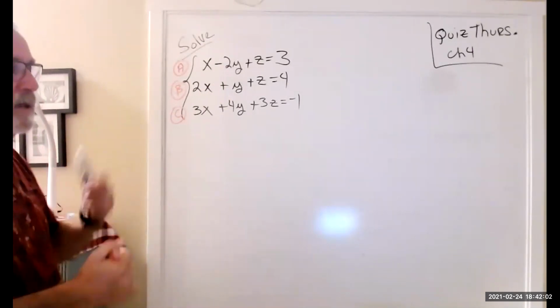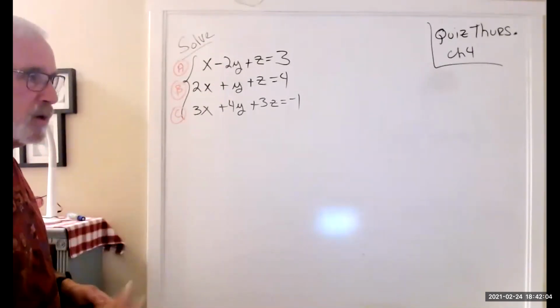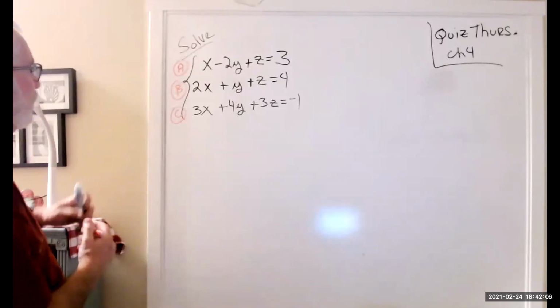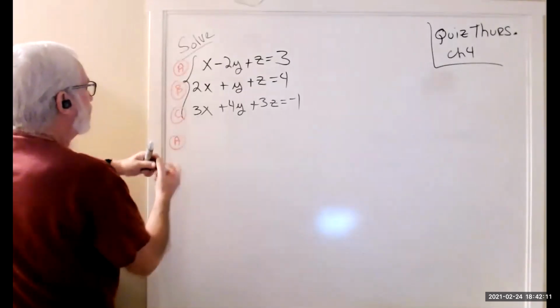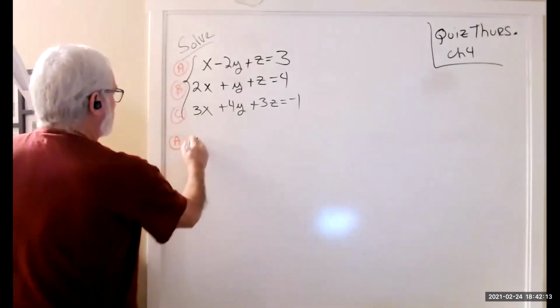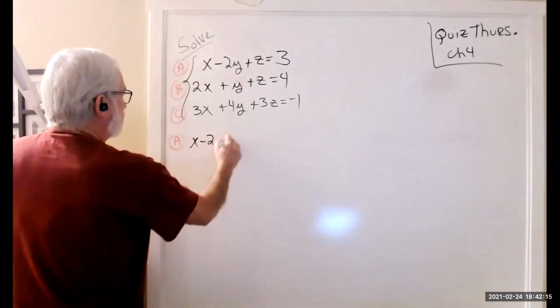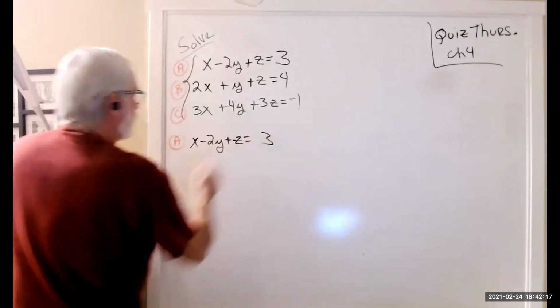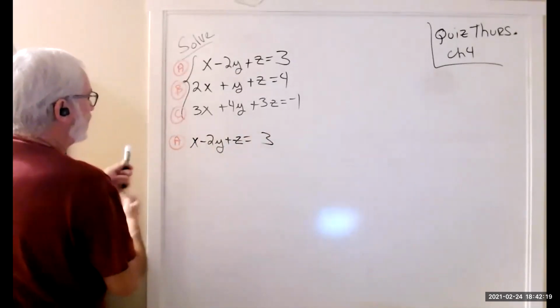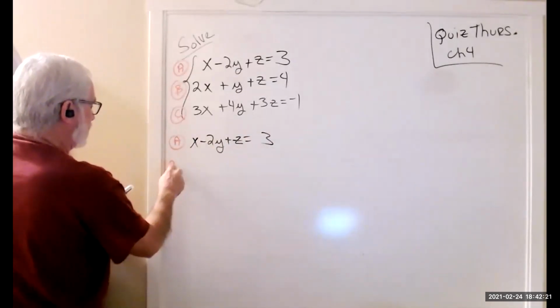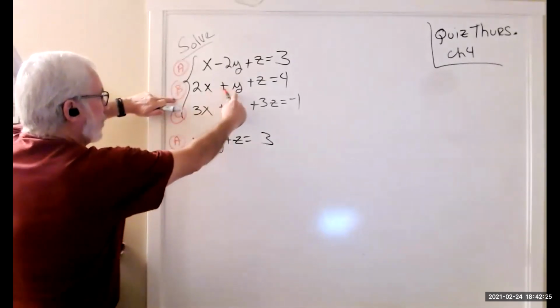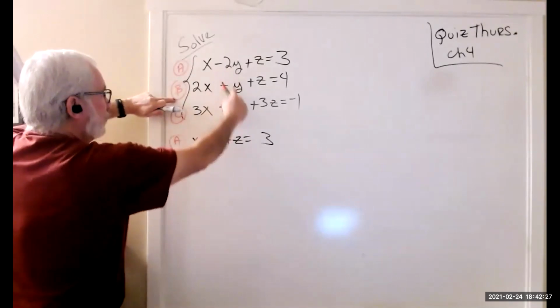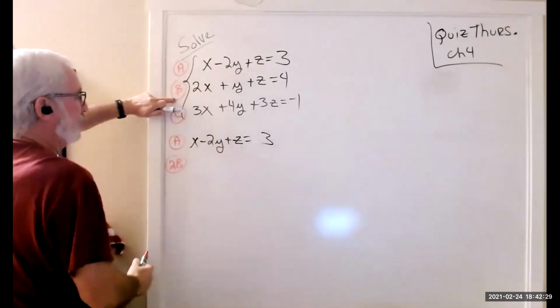Okay, so I'm going to do it this way. We'll talk about other ways, and I want to show you something on your calculator. So he said he chose A, which is X minus 2Y plus Z equals 3. And then he said 2 times B, because he knew that 2 times that will give me a plus 2Y and they'll drop out.